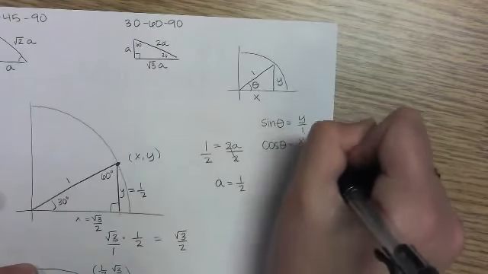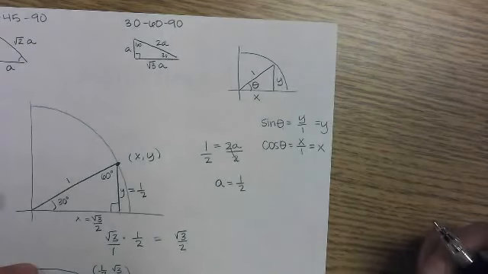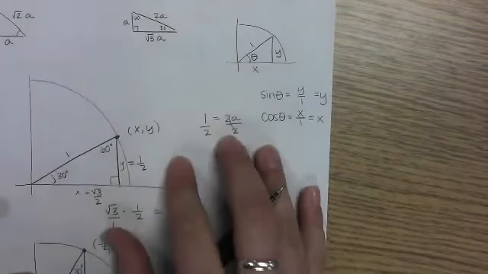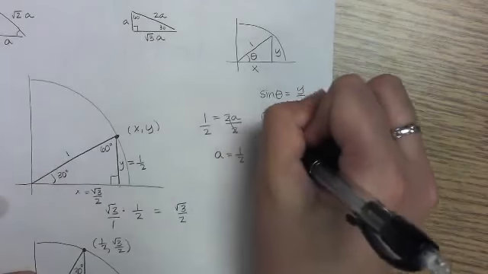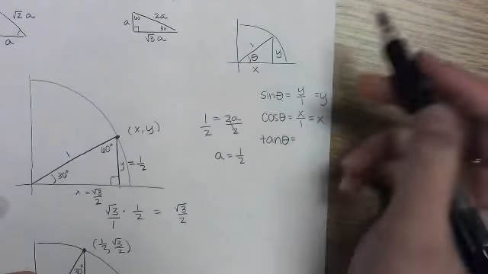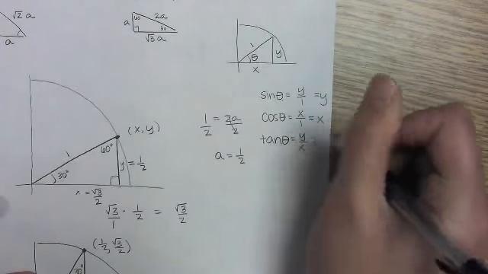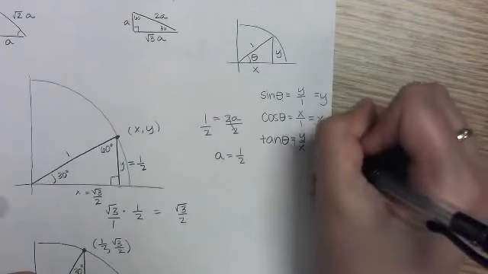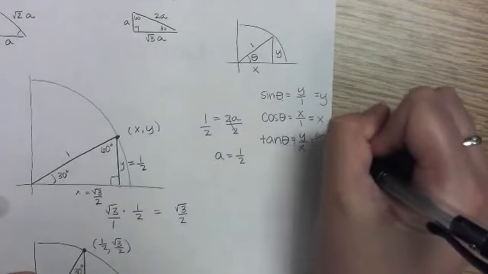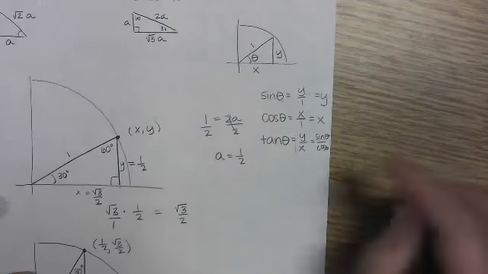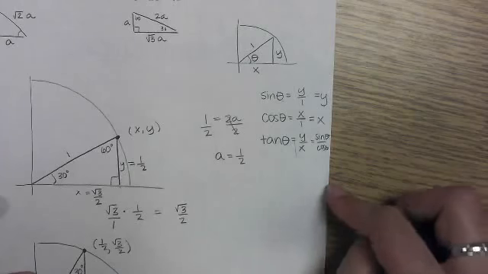So that's x over 1, which is just plain old x. And then tangent of theta is opposite over adjacent, so y over x, which based off what we just said is actually the same thing as sine over cosine. So those are 3 important things to remember.